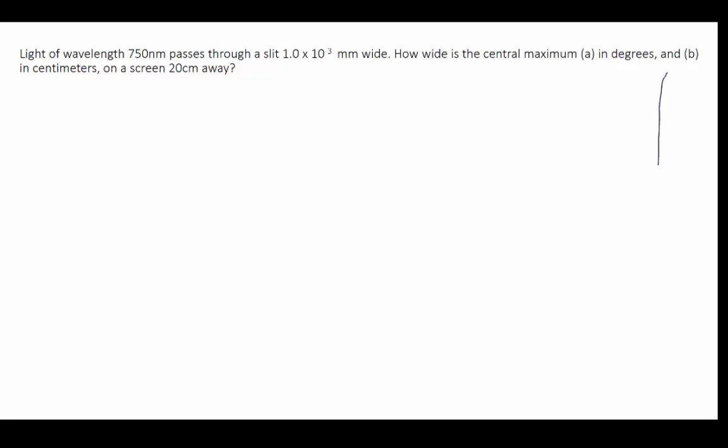So we have a screen, we have a slit. This distance here we said is 20 centimeters. We said that the wavelength of light is 750 nanometers, and the slit distance is 1.0 times 10 to the negative 3 millimeters.